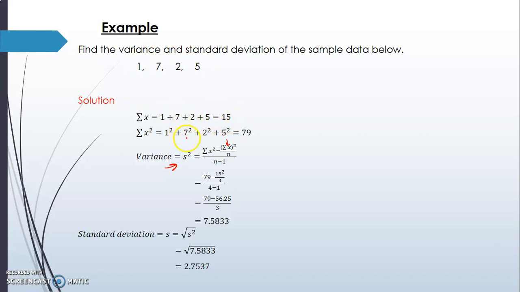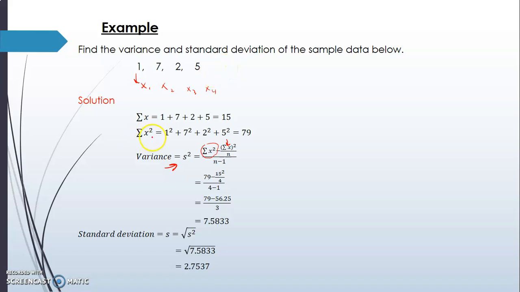Okay, next, we need this total x square. Okay, but we don't have the x square yet. This is our x: x1, this is x2, this is the third x, this is the fourth x. So we must find the x square. Okay, x square is 1 square, 7 square, 2 square, and 5 square.